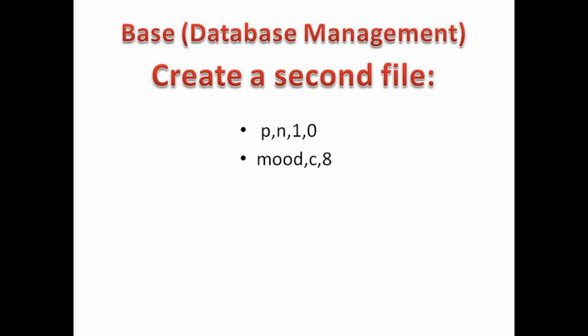Now the key is the 2 must be the same, and in this second one the sorting is going to be on the same field that is being called from the first database that we have created.